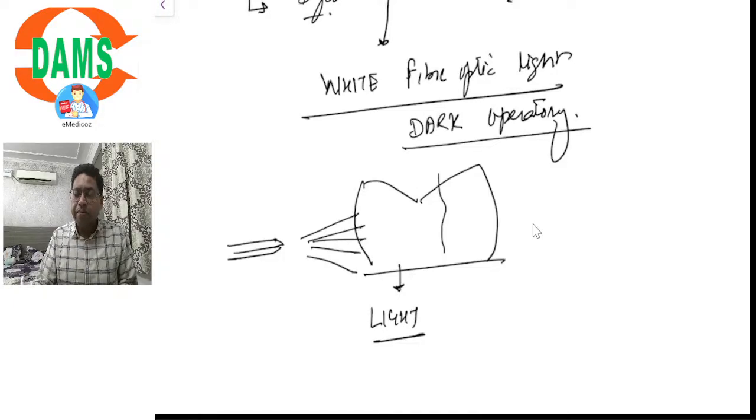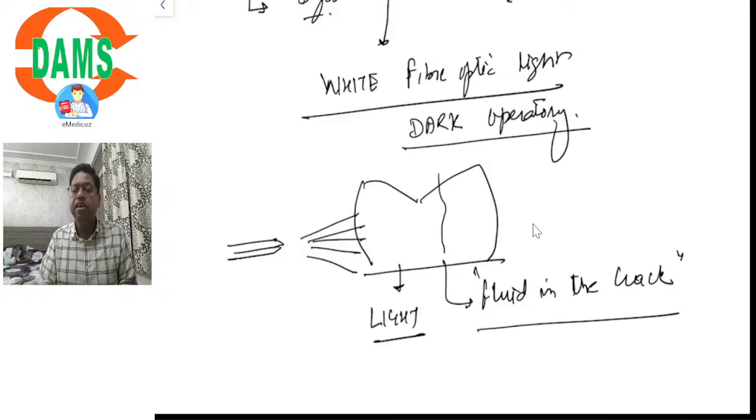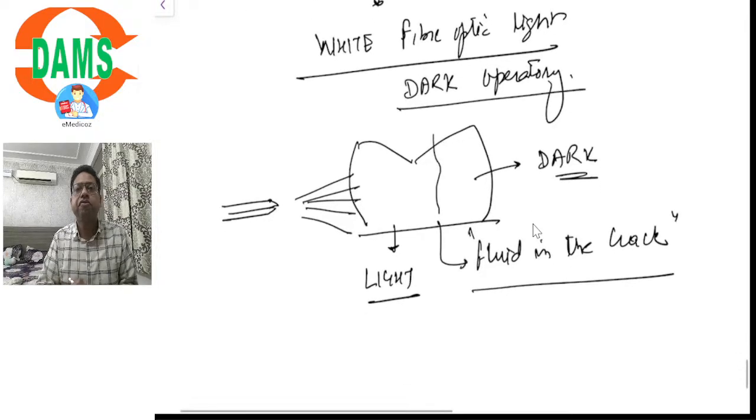And because of presence of fluid in the crack, there is a microscopic crack that would be containing fluid. The light would not pass or transmit through the crack and the distal part would appear dark. This is the principle of transillumination to find out the cracks in the tooth.